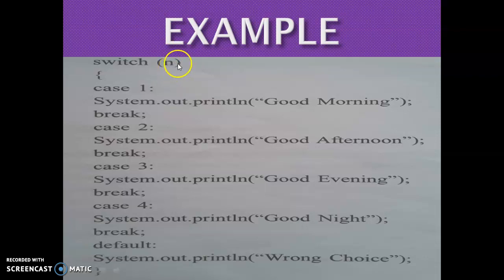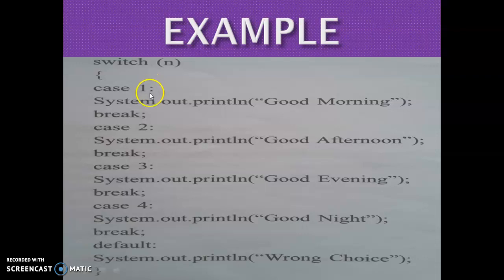Here I am using one integer type variable, and the value of n may be 1, 2, 3 or 4. When you take the value of n, give a message: please enter a value from 1 to 4, any one value. Then in my program, if someone provides 1, then it is case 1.